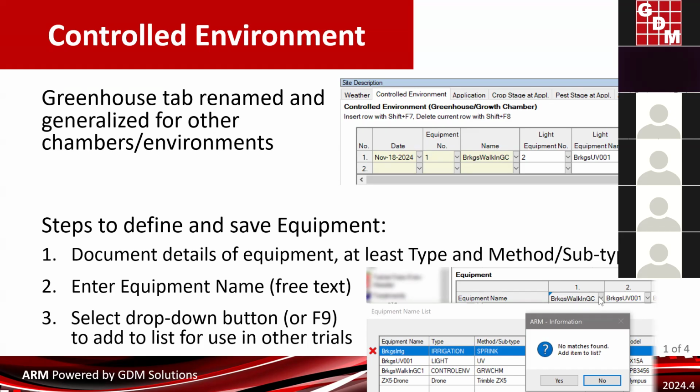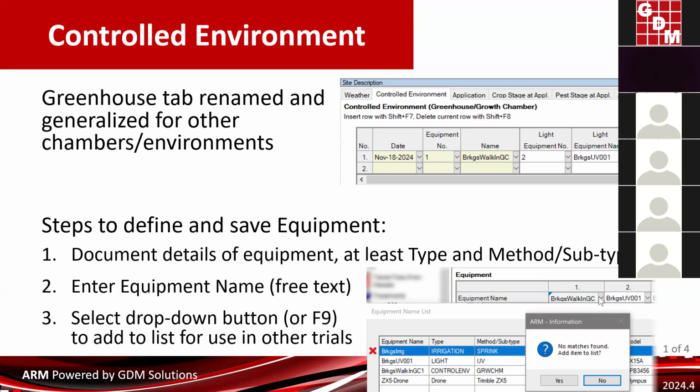So number one, the greenhouse itself, or your growth chamber itself, is a piece of equipment in the trial. Same goes for the light. If we're going to document the light intensity each day, well, that light is a piece of equipment that really should be described and documented in the trial.